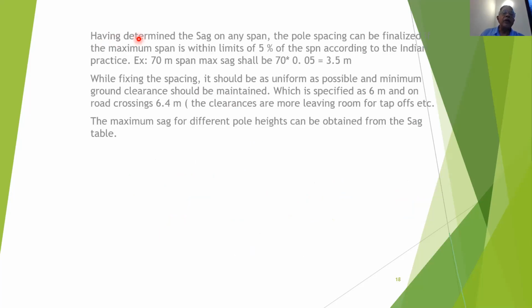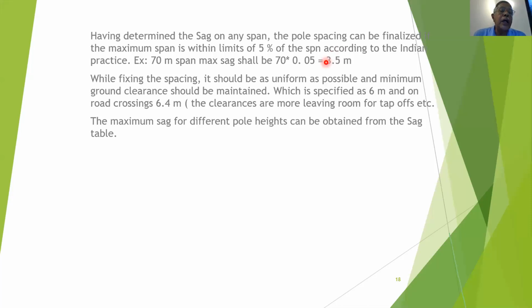Having determined the sag on any span, the pole spacing can be finalized. The maximum span is within limits of 5% of the span. I have taken this from a design and the presentation that has gone to Vizag, India.